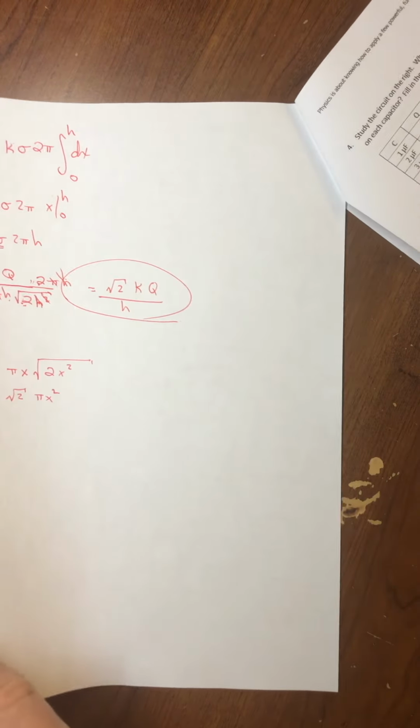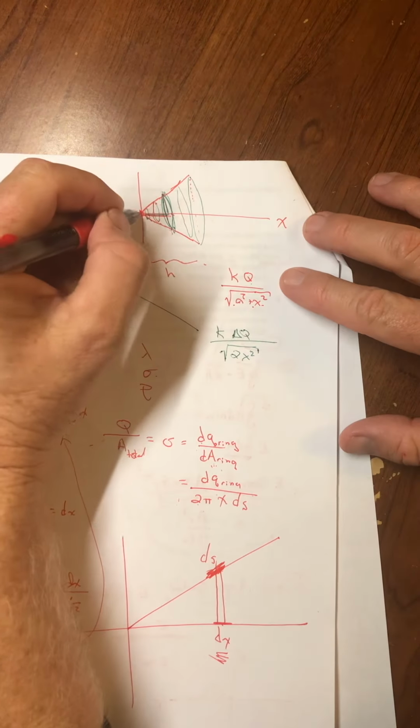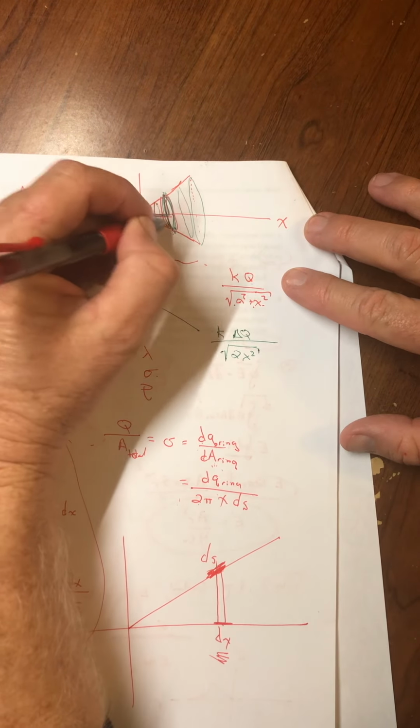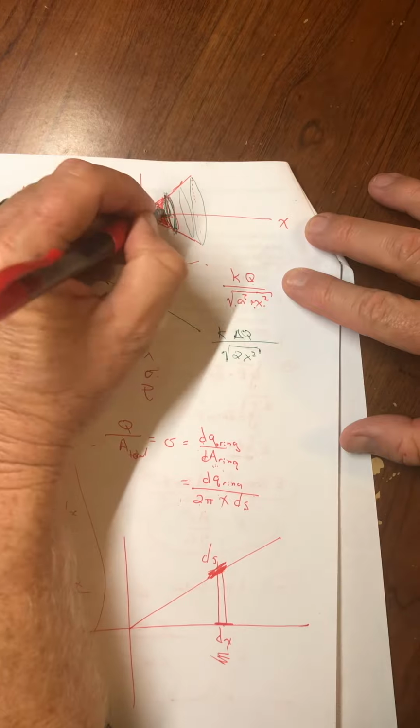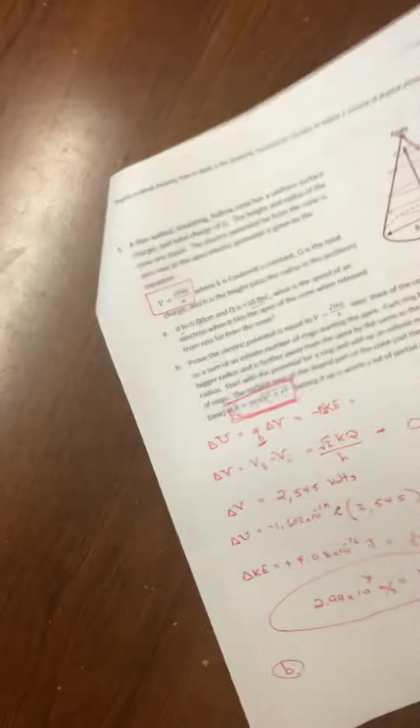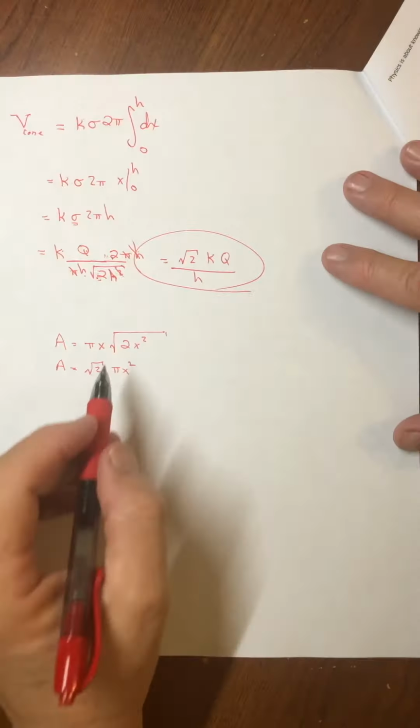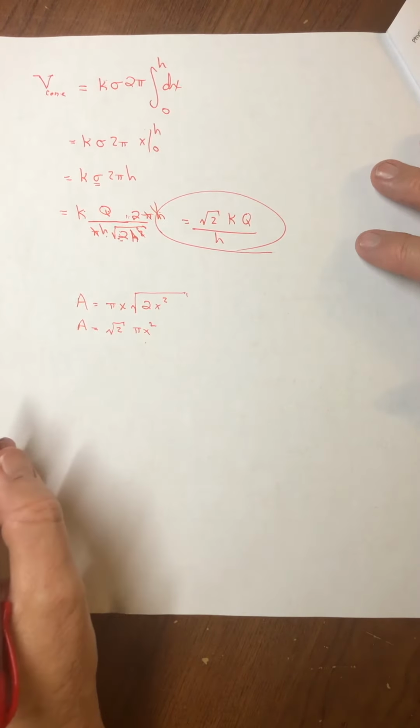And so, in other words, coming back to this geometric picture here, if I went out a distance x, this would be that surface area, and it would follow this equation.